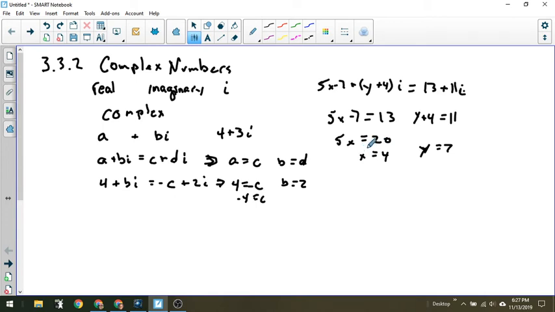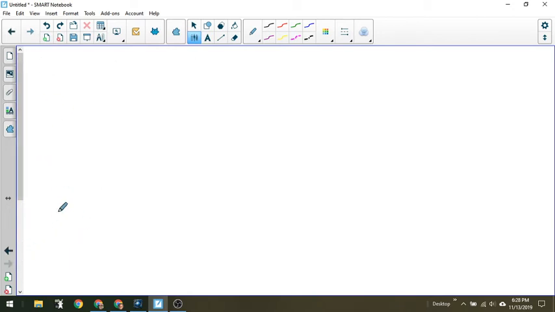I'm not going to do another one of those. The next thing I'm going to do is add two complex numbers together. I'm going to add 8 plus 3i to 4 minus 10i.